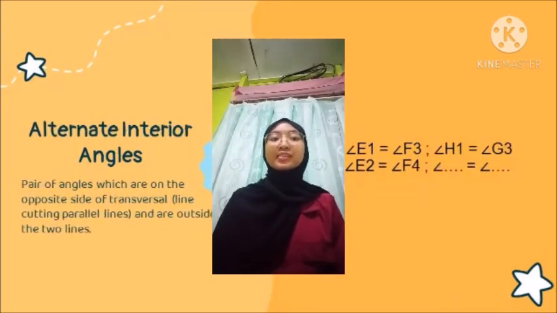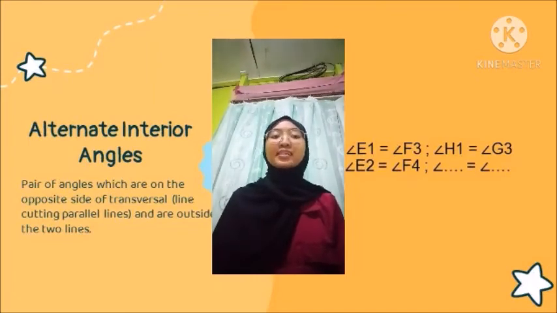Second, alternate interior angles: a pair of angles on opposite sides of the transversal and outside the two lines.